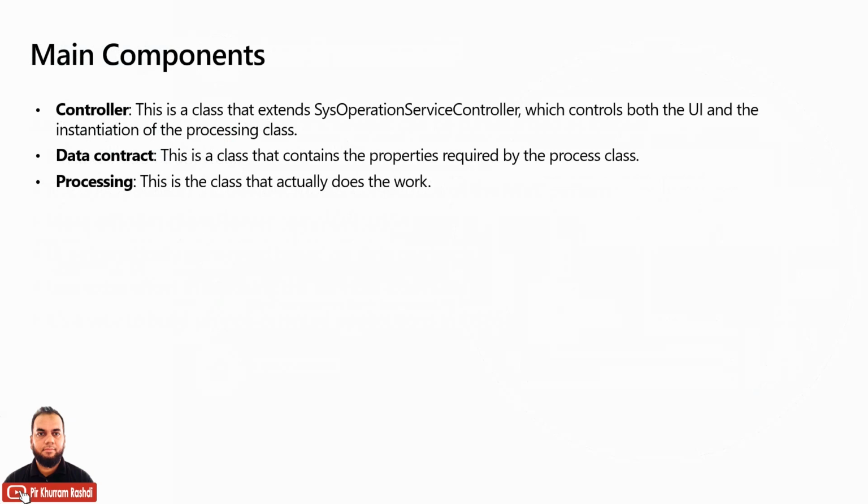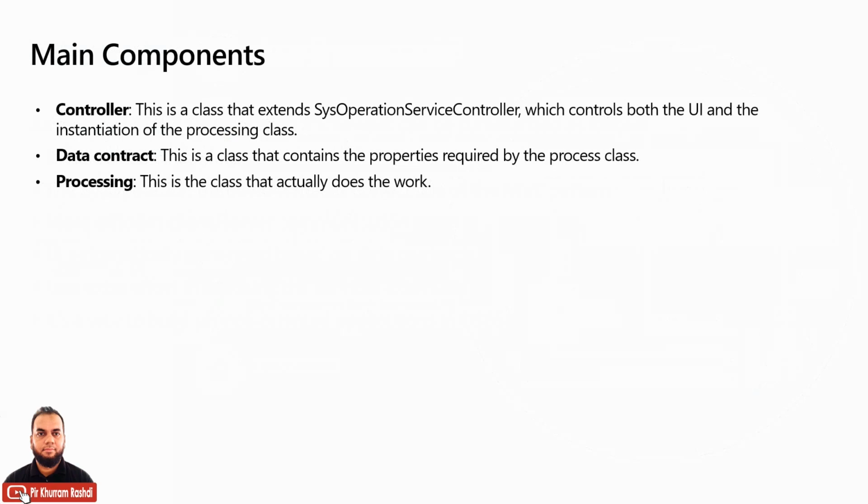The data contract is also needed as a second component. That class holds the attributes or properties required by the processing class. And there is a basic processing class which does the actual work, like the DP class did in SSRS. So in SysOperation, the processing class does the actual work.